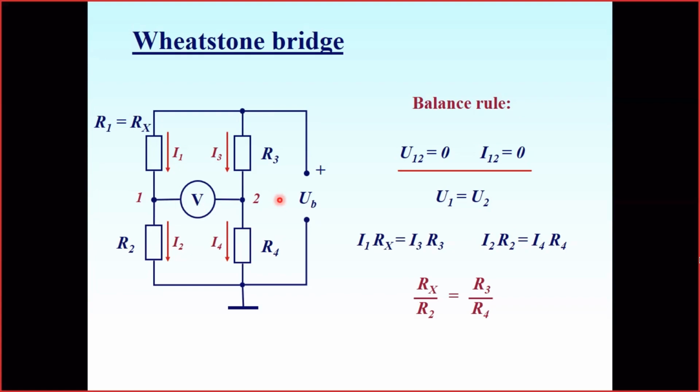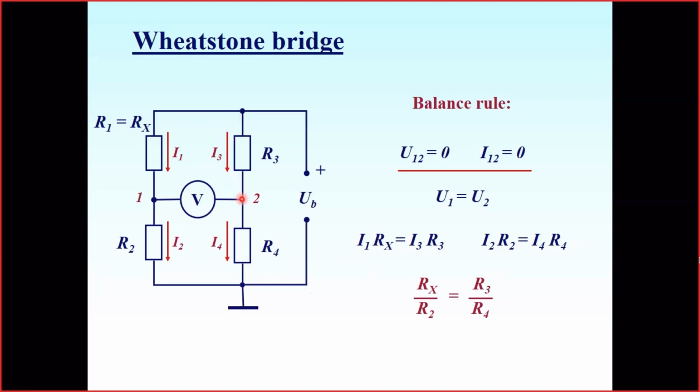Now, because the current through the bridge from point 1 to 2 is 0 in balance, the current I1 couldn't flow to point 2. It could flow only through point 1 into resistor R2. It means that current I1 and I2 are equal. And the same idea, I3 could not branch into point 1.